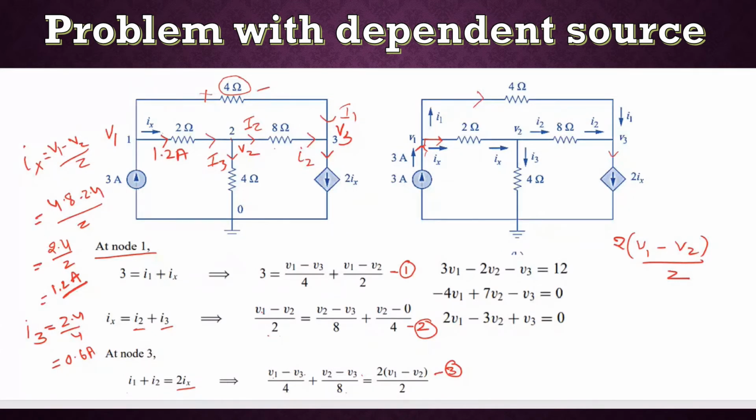What is I1? Can anyone tell me? What is I1? I1 is V1 minus V3 divided by 4. V1 how much? 4.8. V3? Minus 2.4.